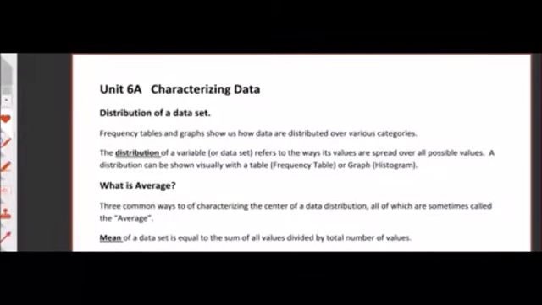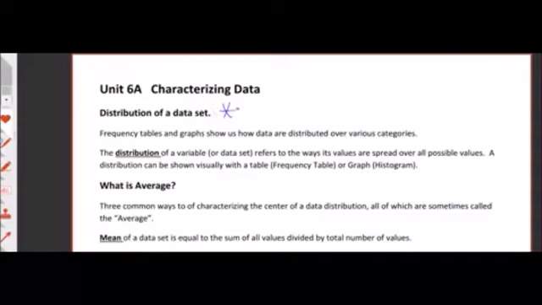We're interested in how our data is distributed, maybe with respect to grades. So how are my grades distributed? How many A's, how many B's, how many C's, how many D's, how many F's? So that would be the distribution of my data set. And we can do it with a table, that frequency table, or graphs and histograms.